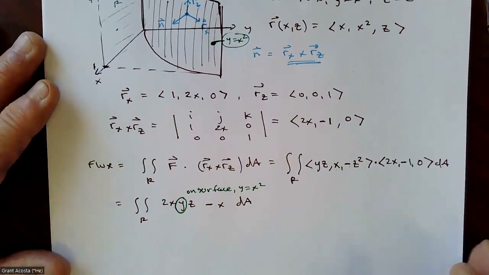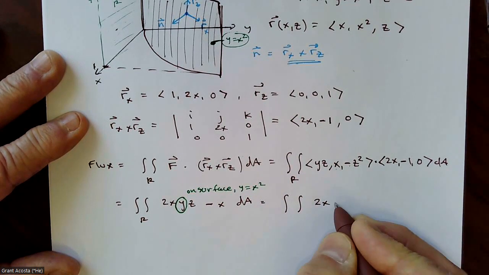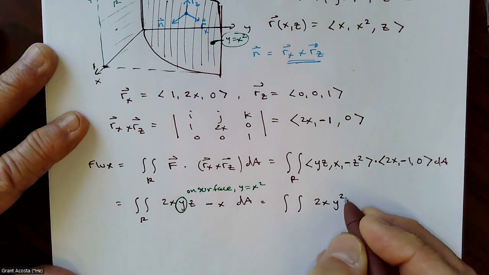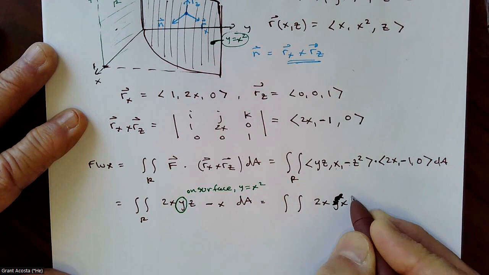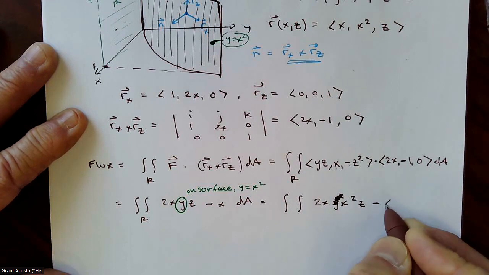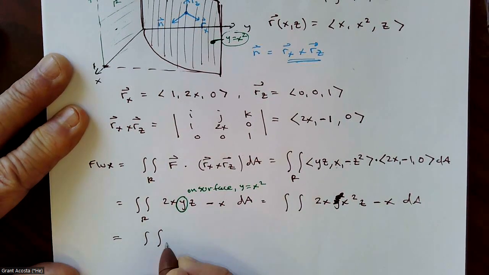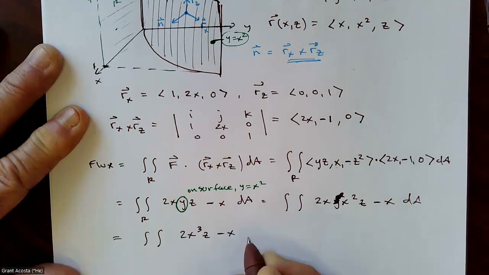So this turns into 2x times x squared times z minus x. So that would be 2x cubed z minus x.